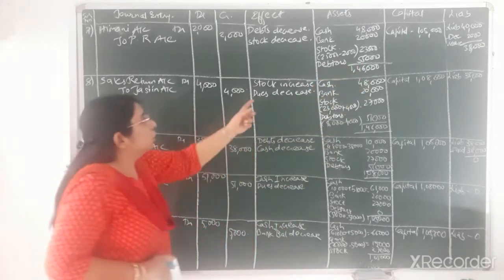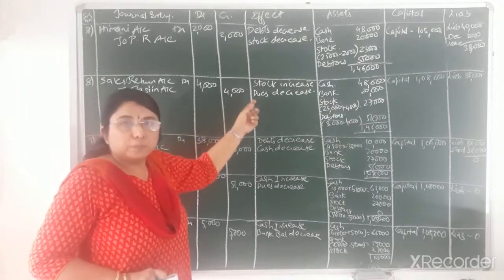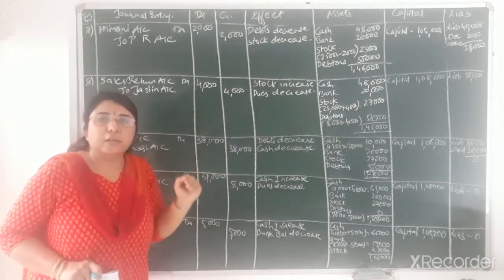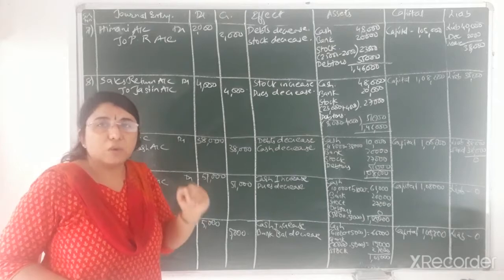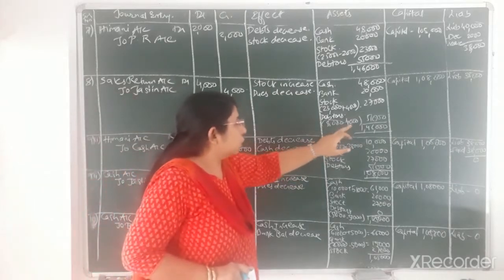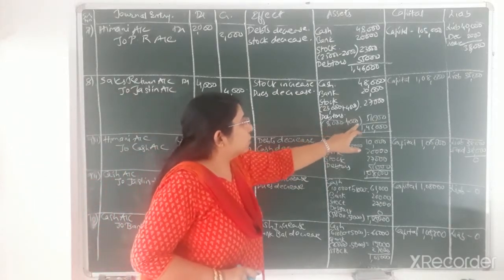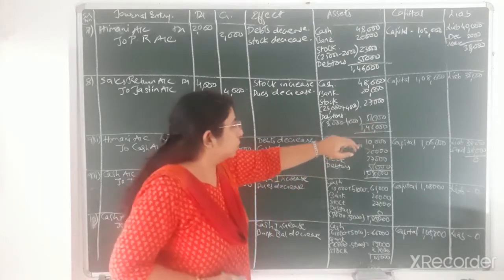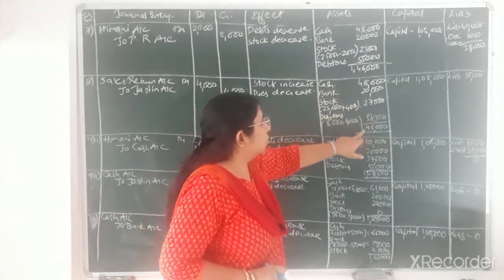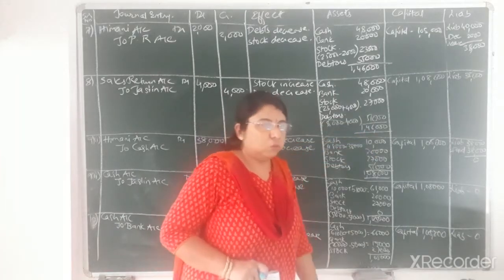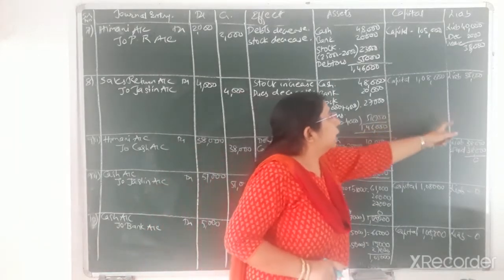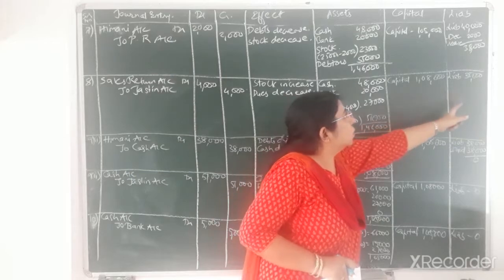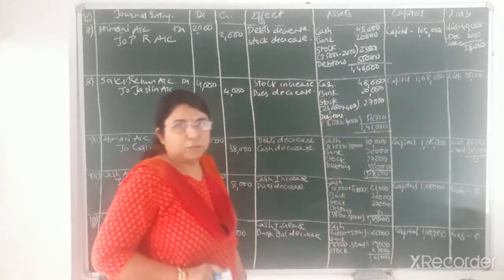From that, the dues are decreased, because 4,000 worth of goods are returned by Jocelyn. So 55,000 minus 4,000, the total value of debtors would come to 51,000. So the total of assets would come to 1,46,000. Now there is no effect on capital and liabilities, as it is 1,08,000 and 38,000 from the previous transaction.